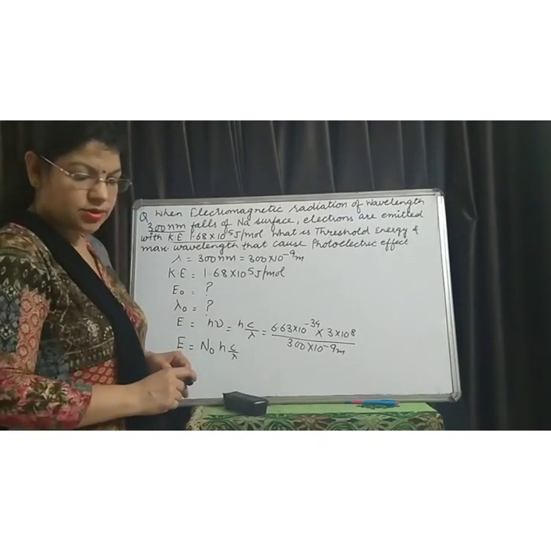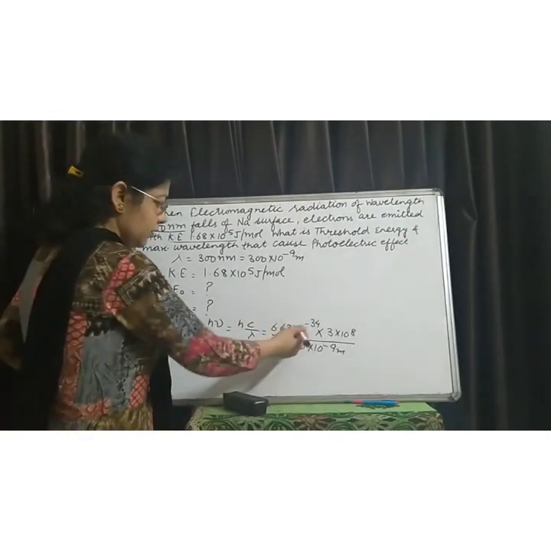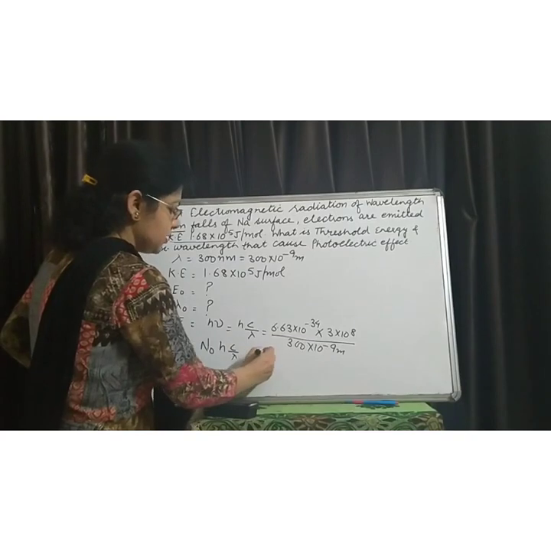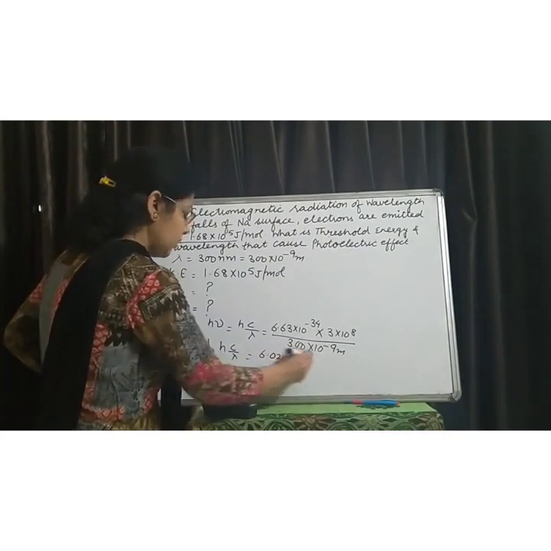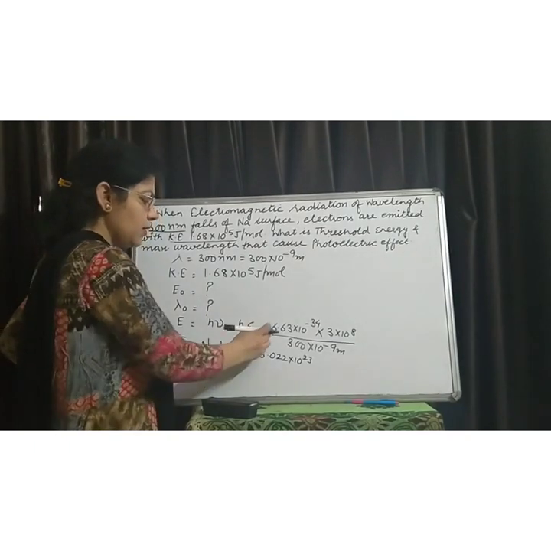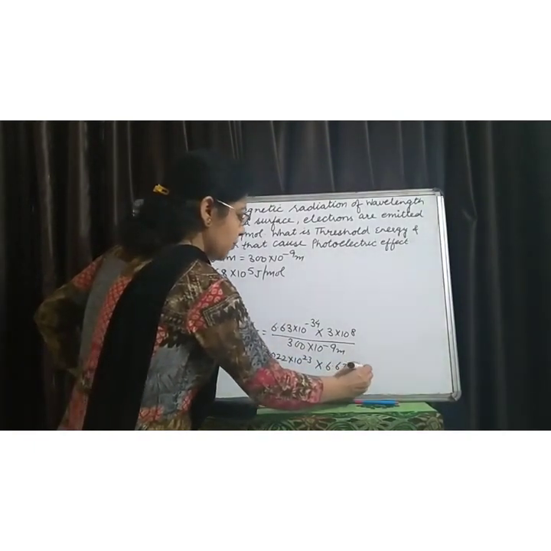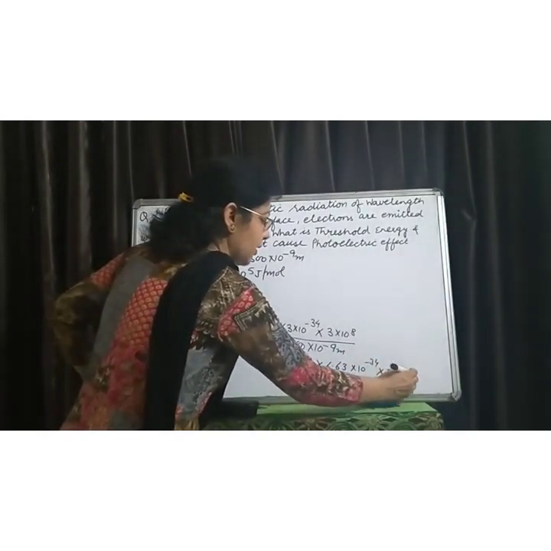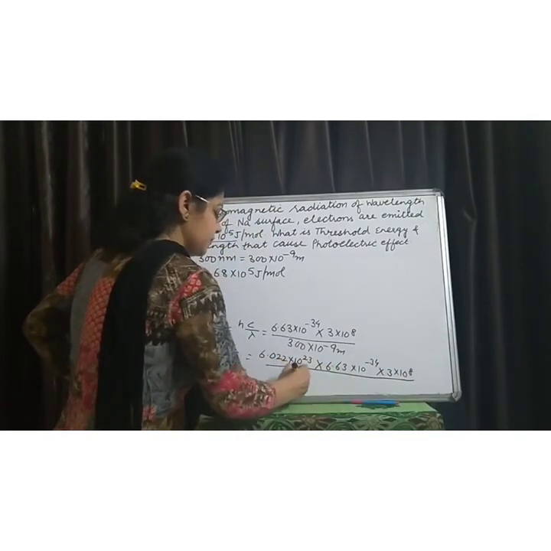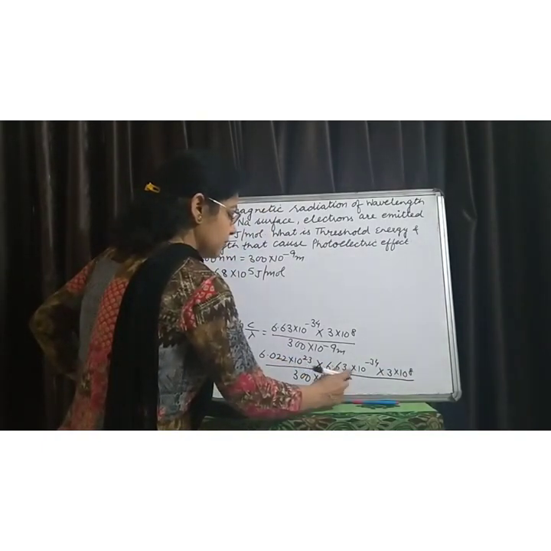And this energy is 6.022 into 10 raised to power 23, this is the value of Avogadro number, and 6.63 into 10 raised to power minus 34 multiplied by 3 into 10 raised to power 8 divided by 300 into 10 raised to power minus 9 meter.